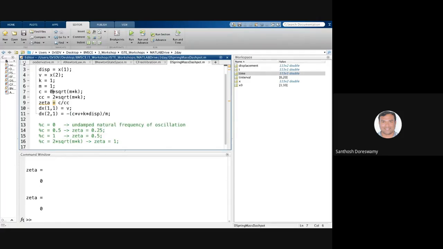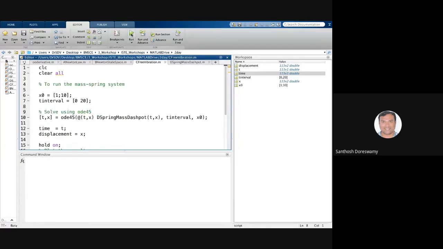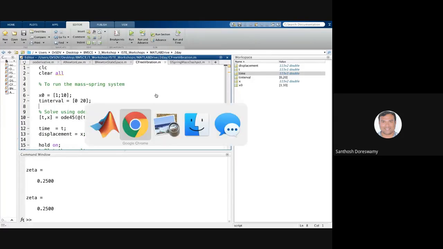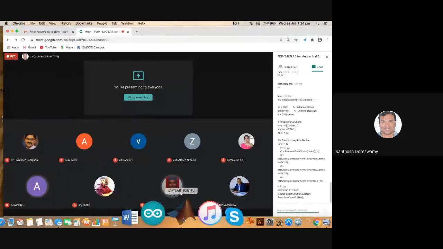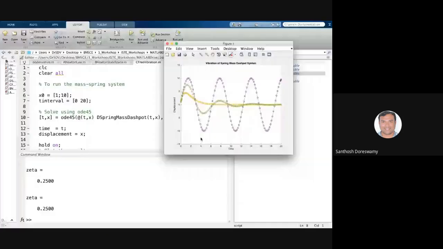Suppose I make c to be 0.5. I've worked it out already. Suppose I make c 0.5 and run this code again. You will see that the oscillations actually damp down. There was dissipation, so for every cycle of oscillation you had certain damping.